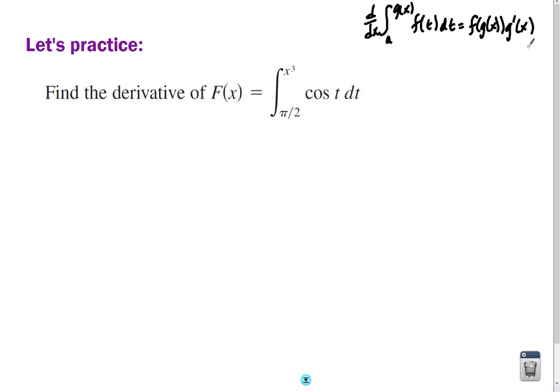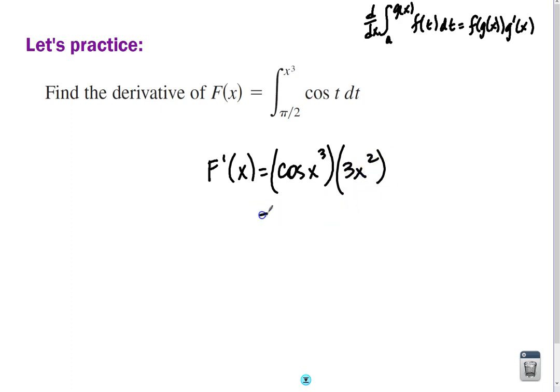So I'm going to evaluate my function at my upper bound, x cubed, and then multiply by the derivative of my upper bound, which is 3x squared. So this becomes 3x squared cosine of x cubed.